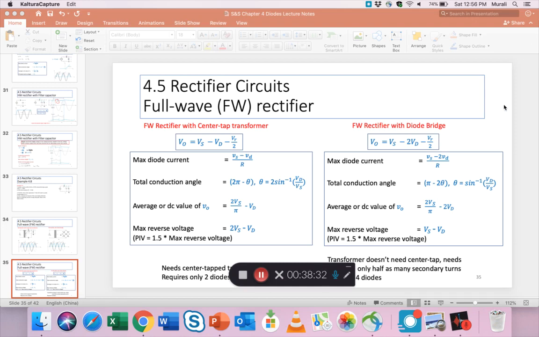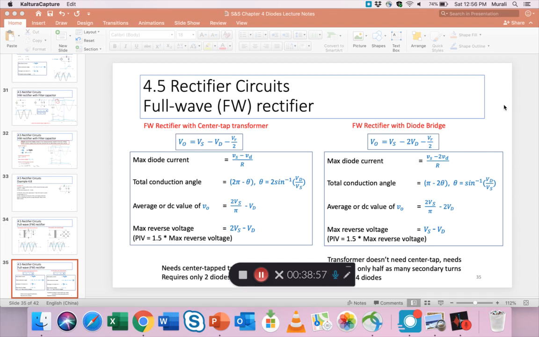Remember, rectifiers can be very small, like we use in the electronics lab. Sometimes they can be very large for high power applications. For example, in the production of aluminum, you have an electrolytic process that needs maybe 1,000 amps DC.